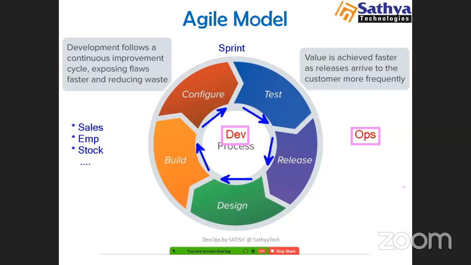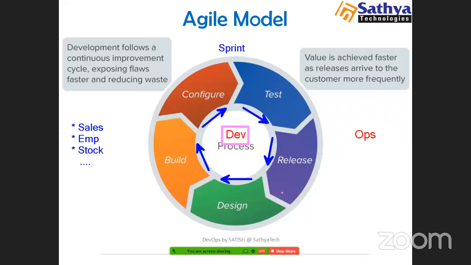Compare the waterfall model and the agile model: in the waterfall model you have a target to deliver a complete project, but in the agile model you deliver one module at a time. But the problem is agile focuses on application development, and it won't include operations. We know that for any application we have these two important things.